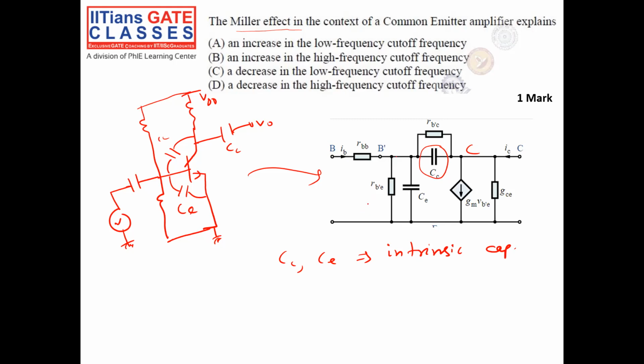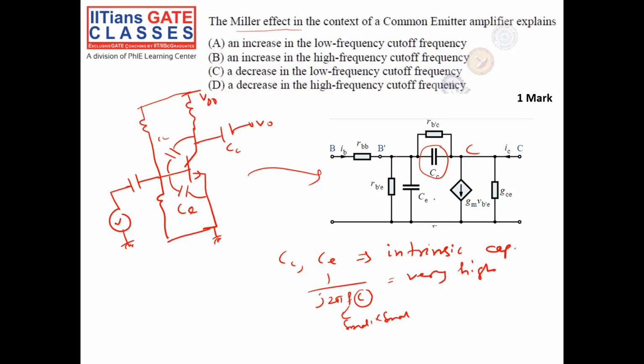But the thing is, since the value is very small, the impedance, which is 1 by j into 2 pi f into C, will be very high if my frequency is low. 1 by small into small will be very high.